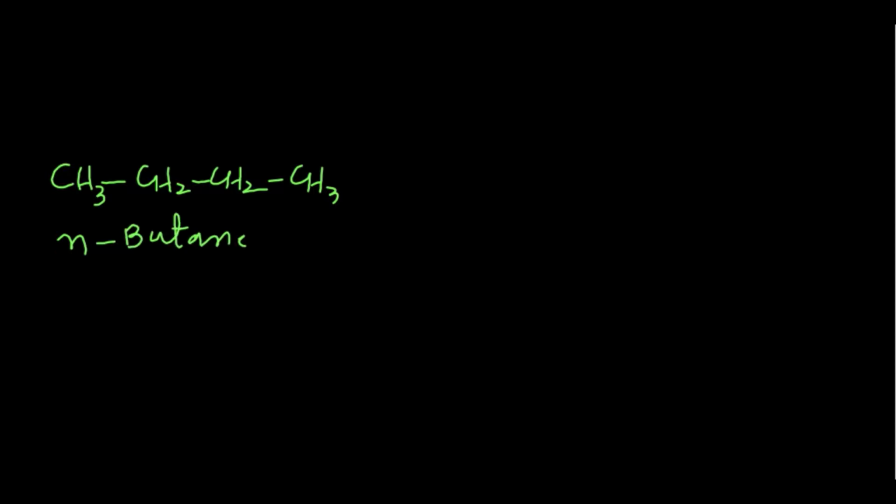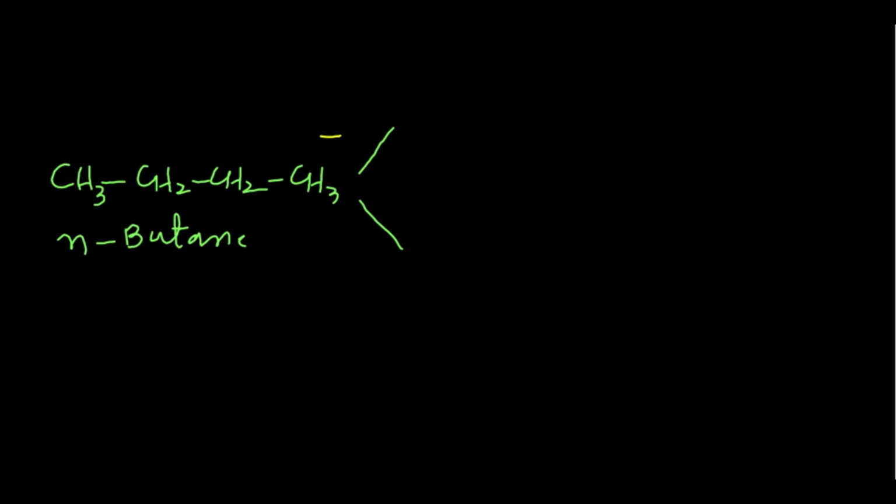Now if we remove hydrogen from butane, again we get two types of radical. It depends on which carbon the hydrogen atom is removed from. If the hydrogen atom is removed from the first carbon or from the last carbon, then we get the n-butyl radical.